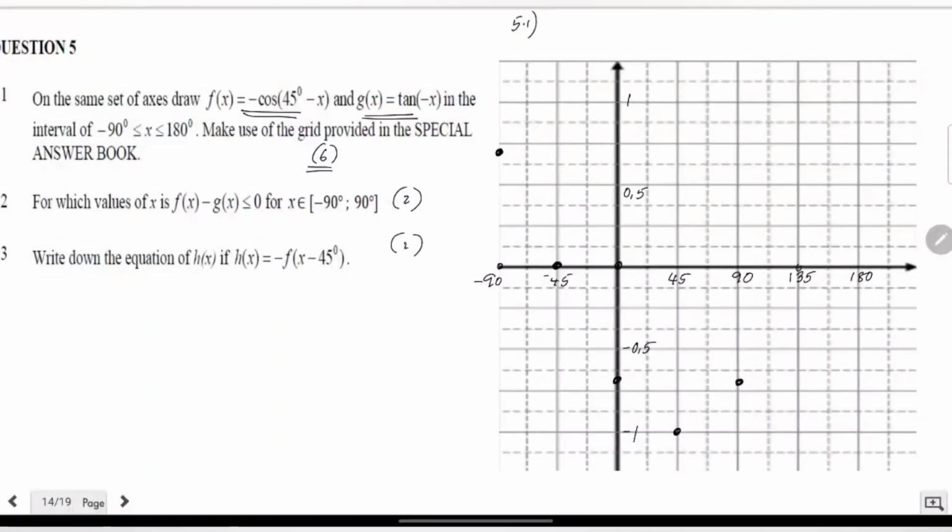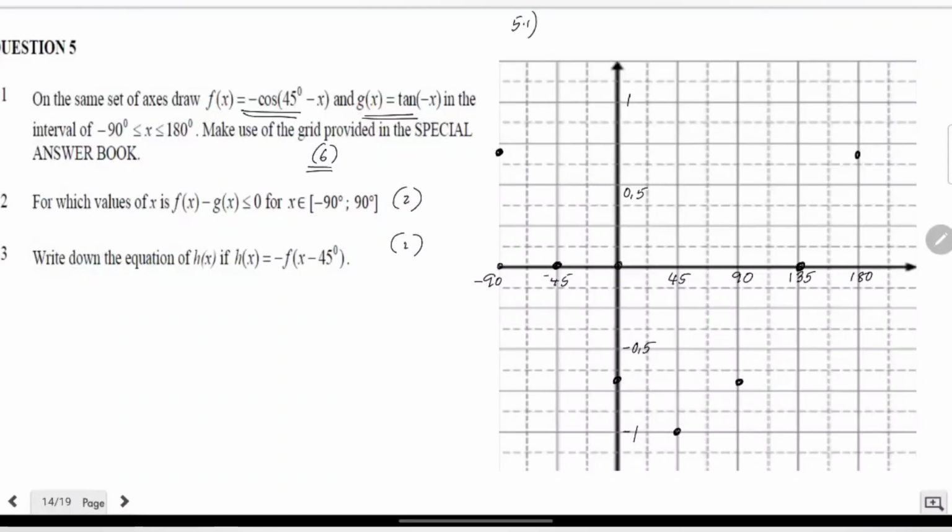You can see that when you type it. And then the next one, 180, is going to be again 0.7. So it's somewhere here. This is how we get the cos graph and then draw it.